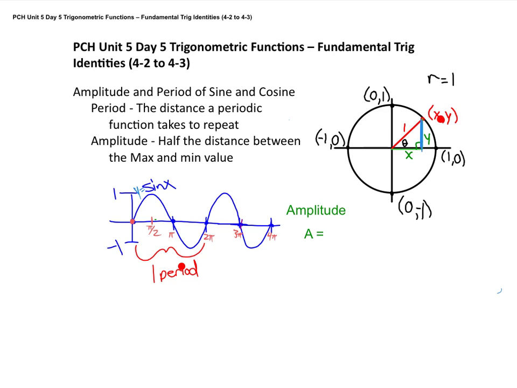Okay? So, we have here 0, 0. Then at pi over 2, sine of pi over 2 is 1. Sine of pi is 0. Okay, so we have that point. Then sine of 3 pi over 2 is negative 1. Okay, so here's 3 pi over 2, and we're down here at negative 1.